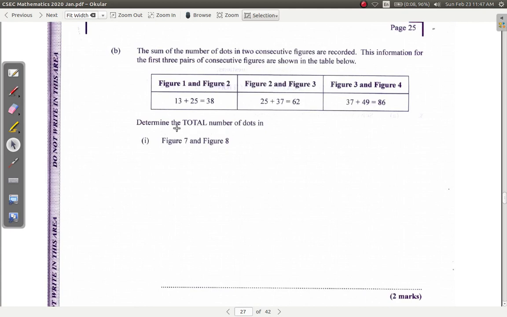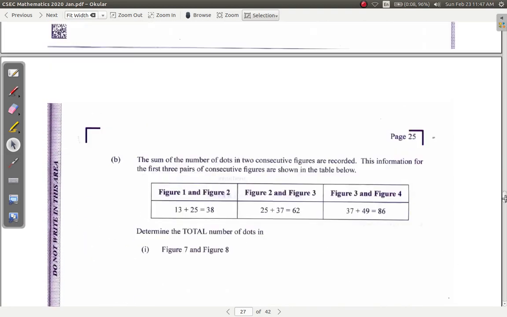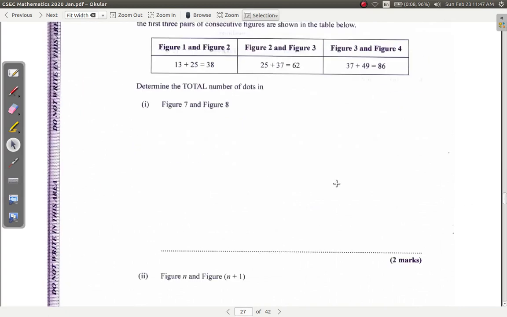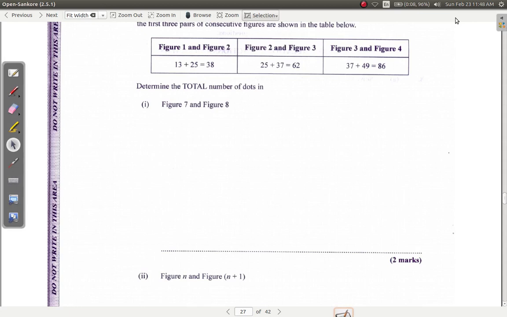Here they say determine the total number of dots in figure 7 and figure 8. Alright. Now, the number of dots in figure n is 12n plus 1. Let's write that down.